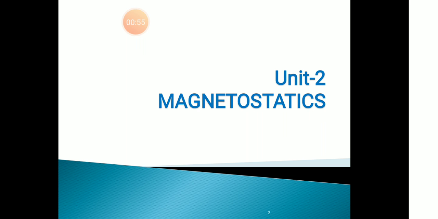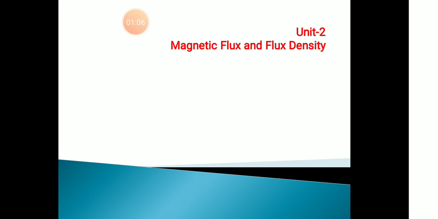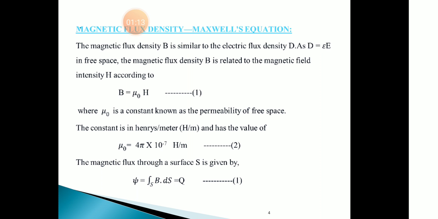As we studied in electrostatics, E bar and D bar and the relation between them. Similarly, here also in magnetostatics, we are going to study magnetic flux, flux density, and the relation between them.